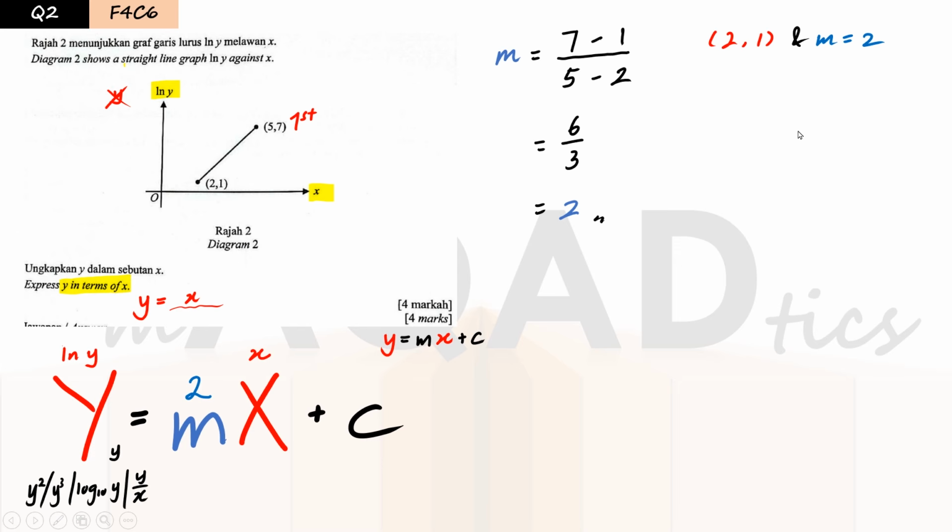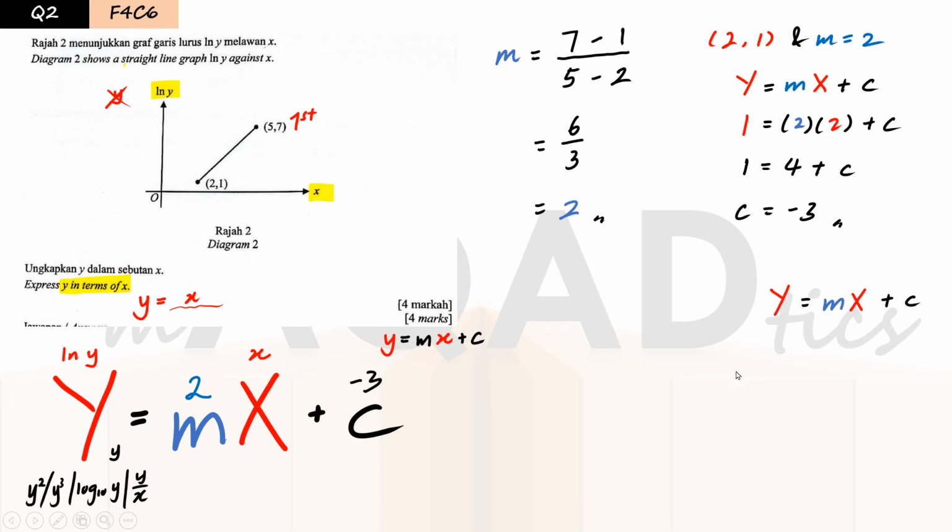So why not we use that way? We substitute the point and the gradient inside y equals mx plus c to figure out the value of c, which is -3. Okay, -3. So now we have all the things in the equation already, so why don't we substitute all the things here, y equals mx plus c.